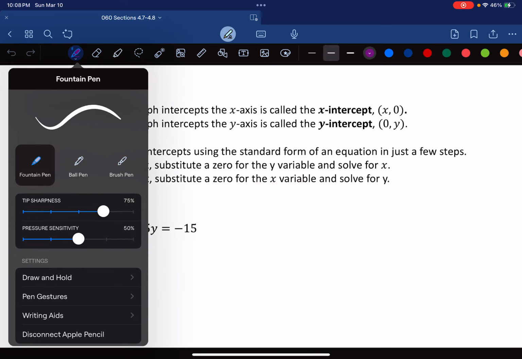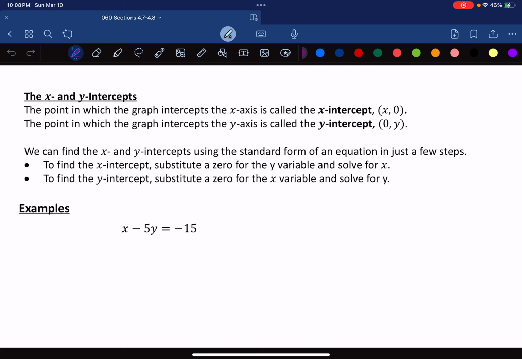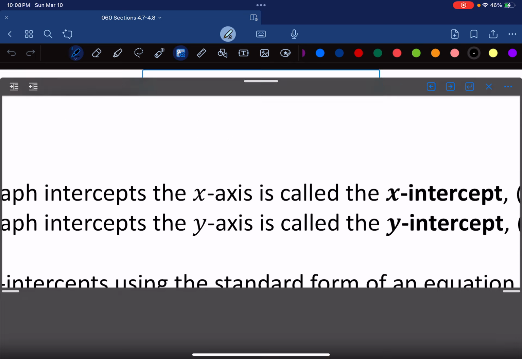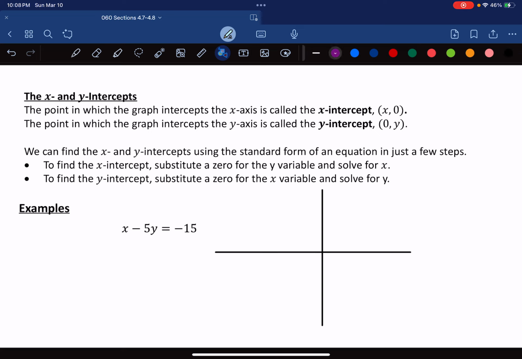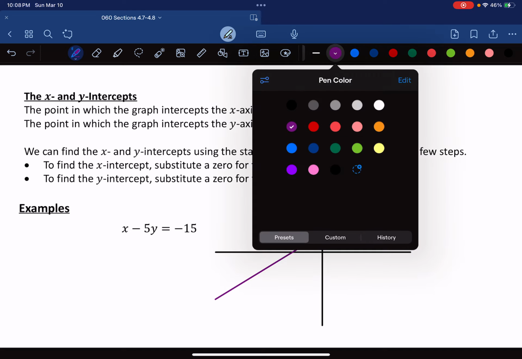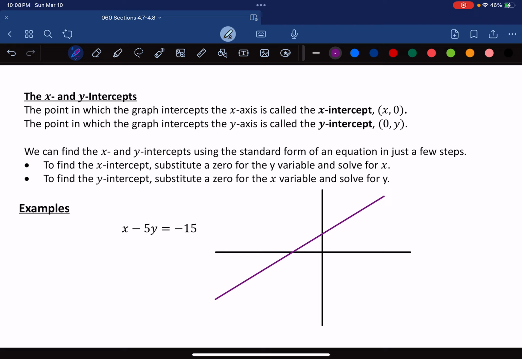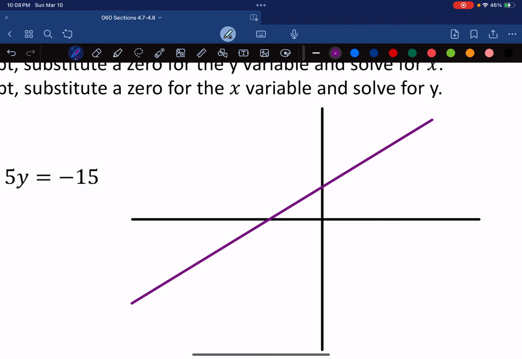Now, why does that work? Well, if we think about a graph, and I'm just drawing a random line here, and we're going to look at the intersections of this line.